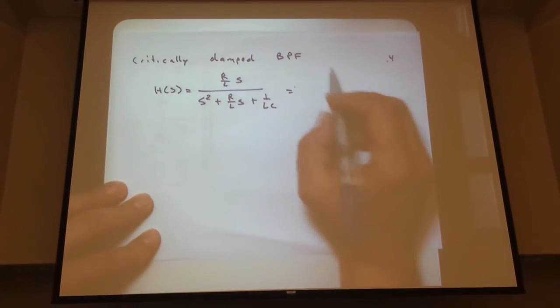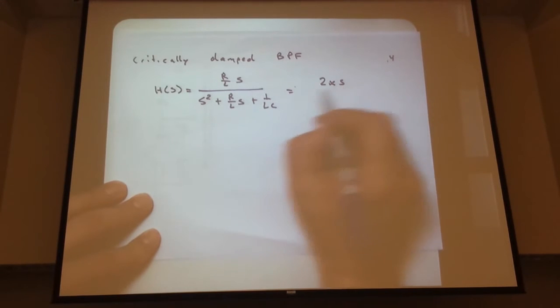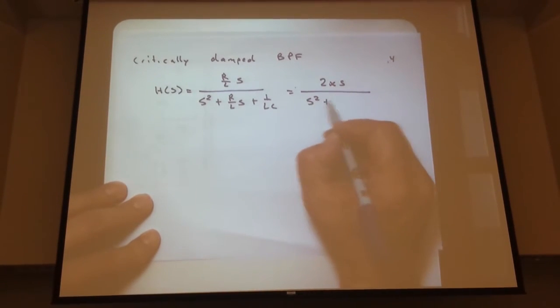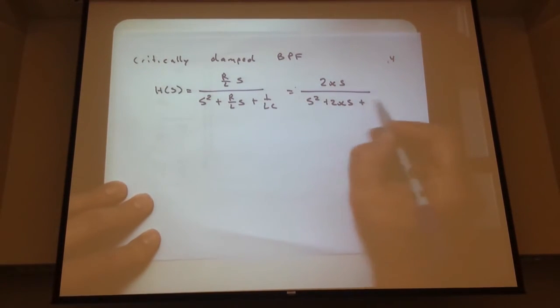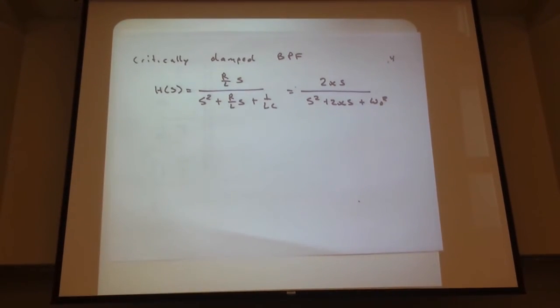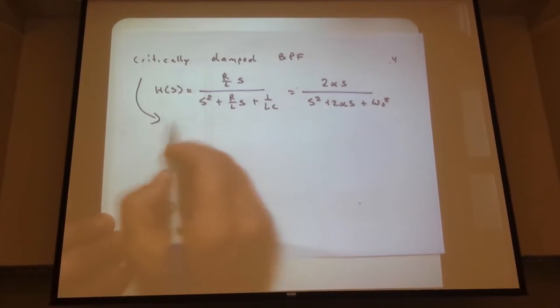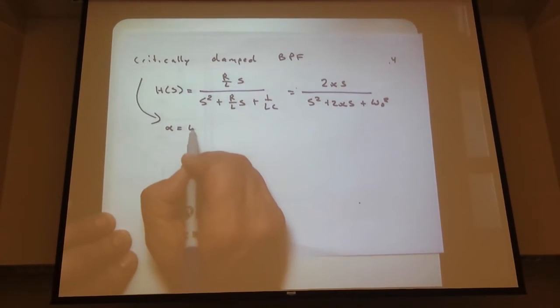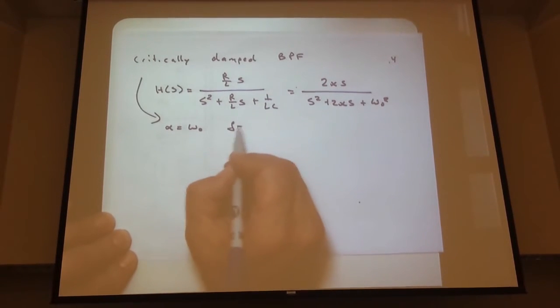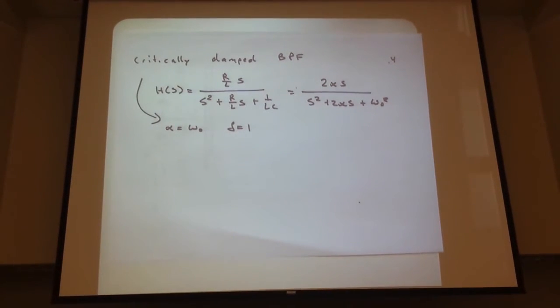And again, we can write this as 2 alpha s over s squared plus 2 alpha s plus omega naught squared. So just writing things out symbolically. Well, if we're critically damped, alpha equals omega naught. And for completeness, our damping ratio is 1.